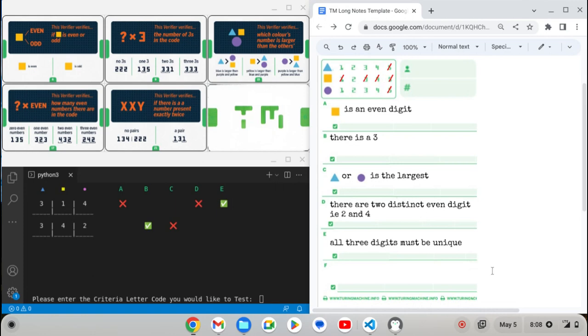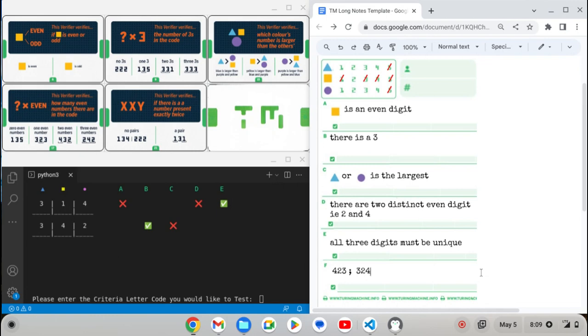Down here, I'm just going to type in what I believe may be potential solutions. If we pretend the triangle is the 4, it would be 4, 2, 3, or if circle is the 4, then it'd be 3, 2, 4. Just to think about this again, there has to be a 3.